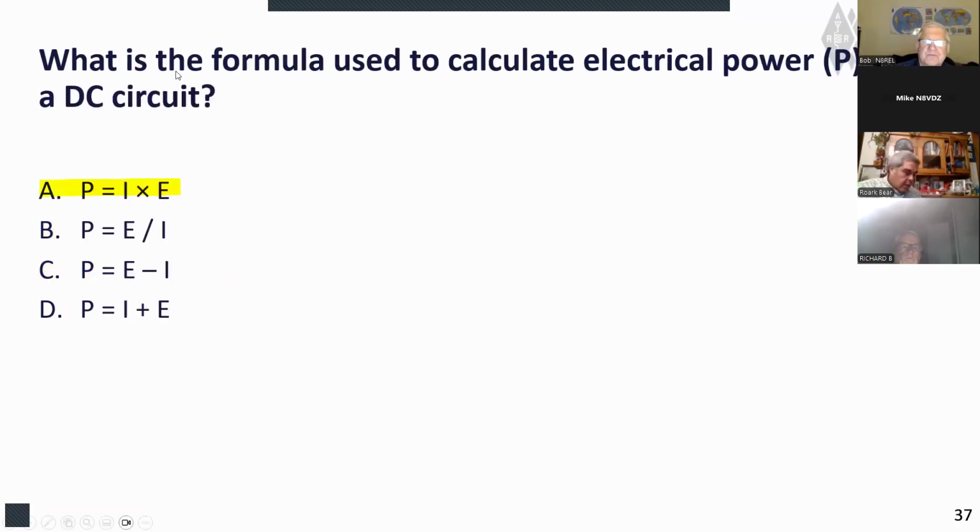And then we're going to have a bunch of these very simple little arithmetic problems. So how do you calculate electrical power in a circuit? Power, that's the number on top, and you're going to take current, intensity, which is amperes, times volts. Watts equals amps times volts.